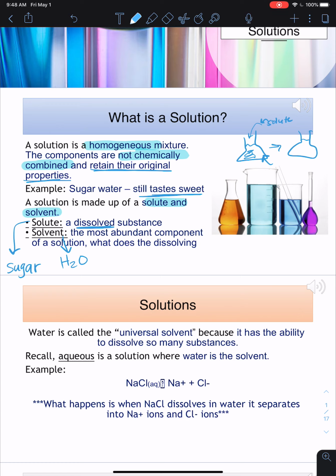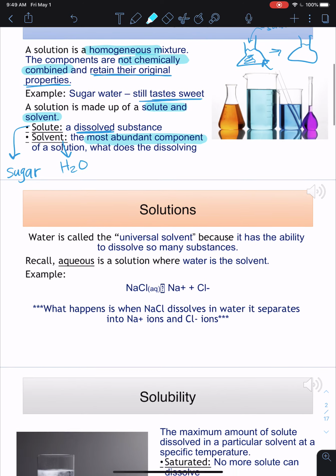Like in the air that we breathe, it's a high percentage of nitrogen. So really you could think of the solvent as nitrogen since it's the higher percentage. But anyways, it's going to be the one that is the most abundant. So clearly in sugar water, the water is the most abundant, or it would just be wet sugar, okay?